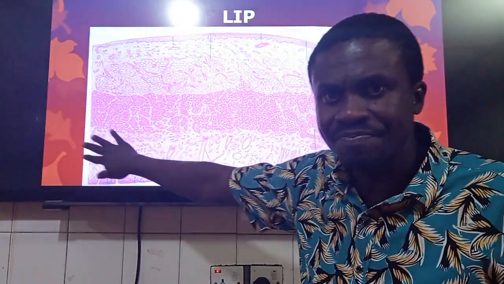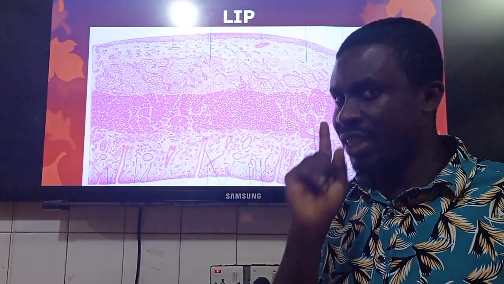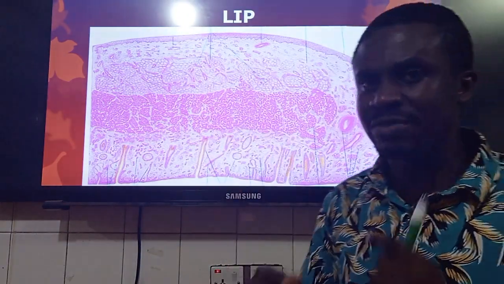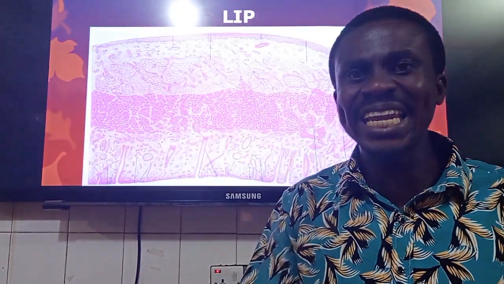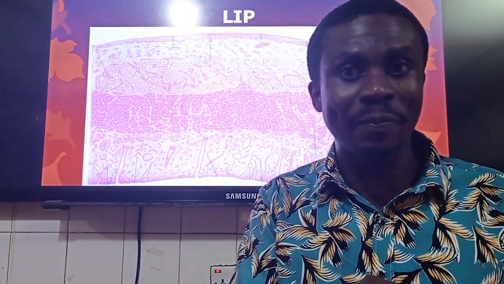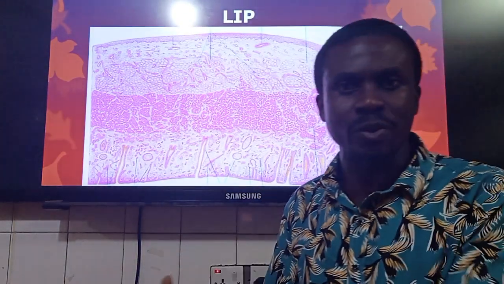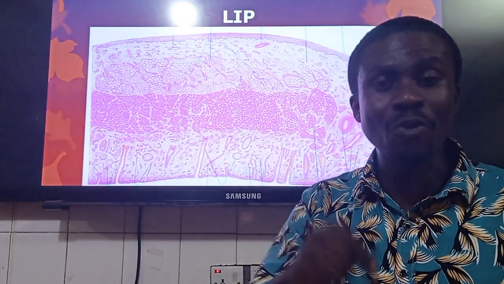That's what we find. Now, if I go to the opposite aspect, now pay attention. There's the external skin surface, and the opposite aspect is over here. That is the inner oral surface. So the internal surface of the lip, this time around, will not be a cutaneous membrane, but rather it will be mucous membrane.